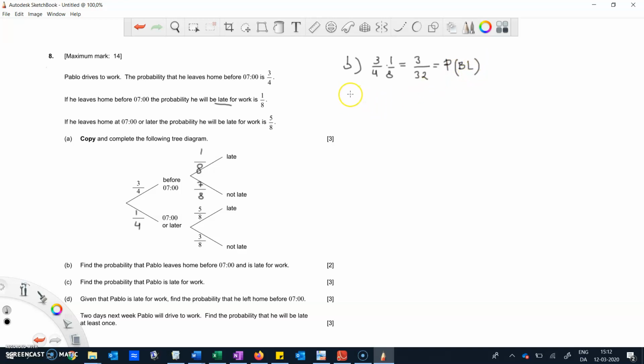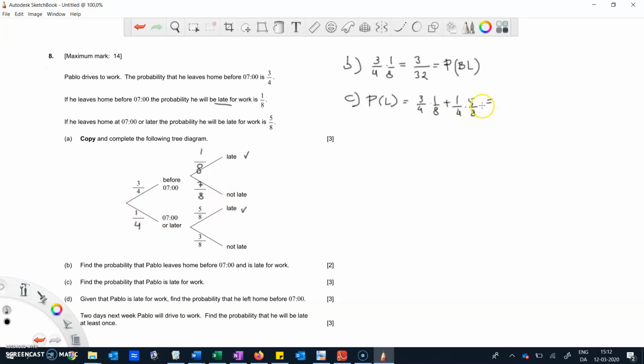Okay. And then I have point C. Point C is telling me to calculate the probability that Pablo is late for work overall. So I have this solution and this solution. So here I have to calculate the probability that he is late, which is going to be 3 over 4, so if he wakes up before 7, times 1 over 8, plus the other branch, 1 over 4 times 5 over 8.